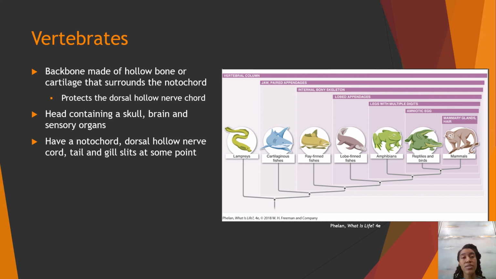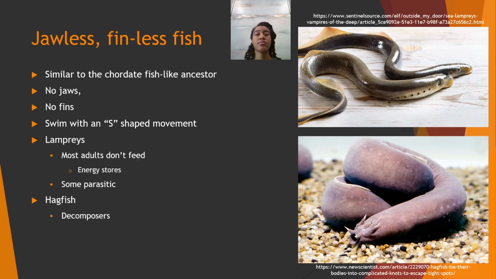And all vertebrates have a head that is composed of a skull, brain, and sensory organs, and they all have all four required characteristics to be a chordate at some point in their life cycle. So they may have lost some of the key characteristics as adults, but in their fetal stage, they do have these characteristics.